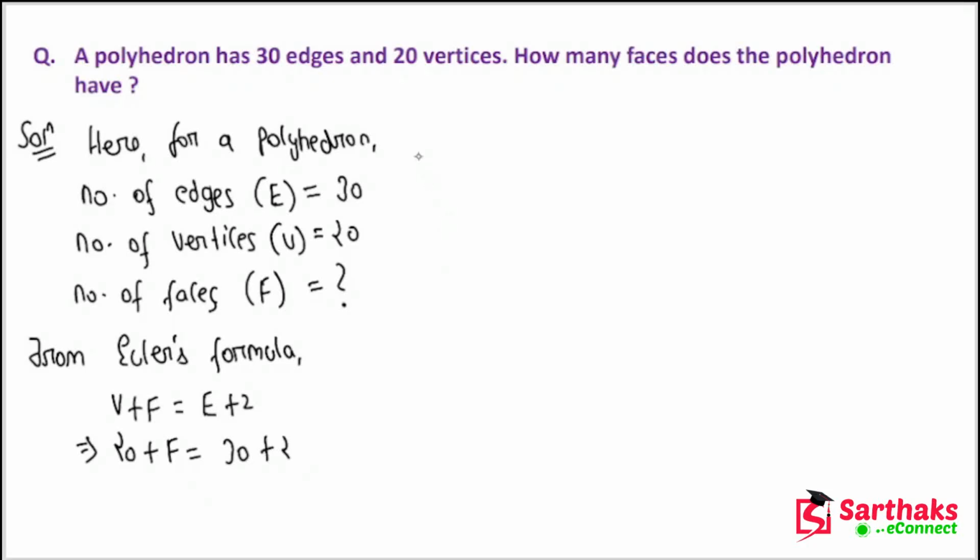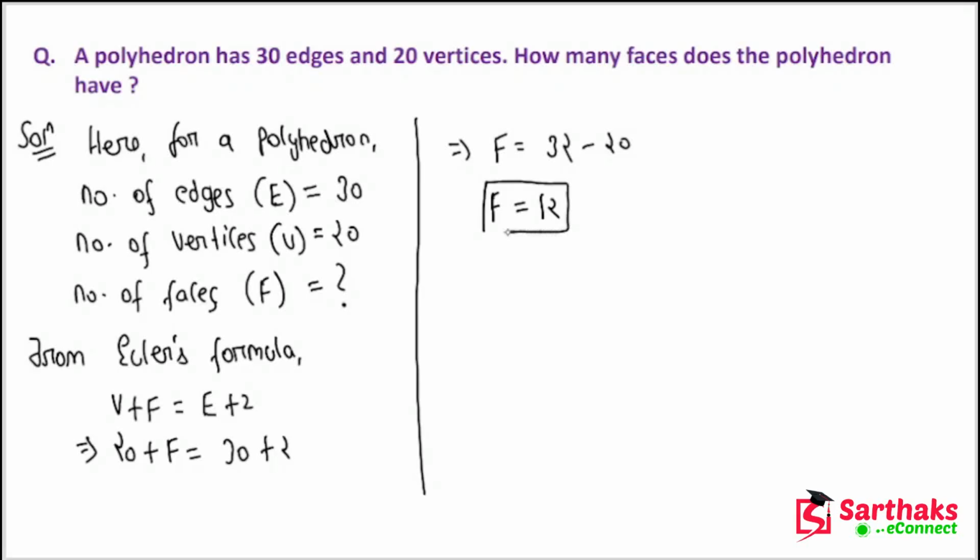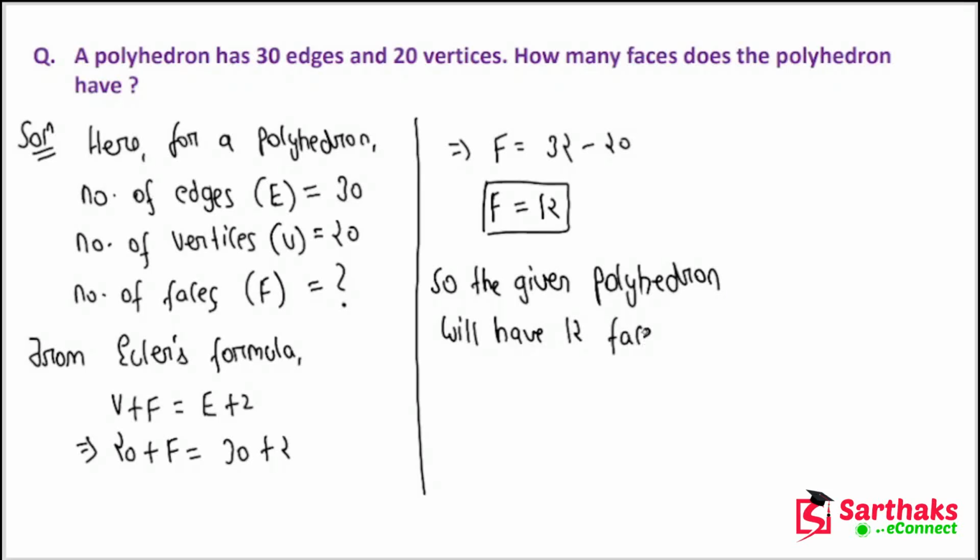So we can have equation as F is equals to 32 minus 20. Okay, we have transposed 20 from LHS to RHS. So F would be 32 minus 20, which is equals to 12. So the given polyhedron will have 12 faces.